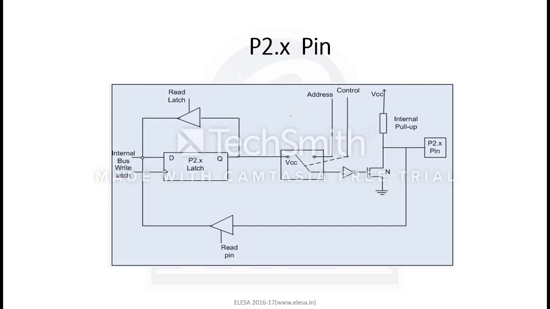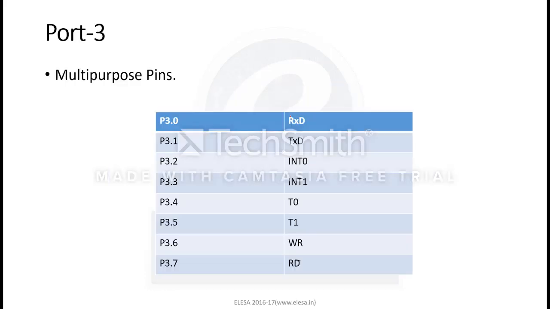Now we will see port 3. Port 3 is multifunctional, that is, it can be used for input output operation, and as well each port pin is also used for different specialized functions.